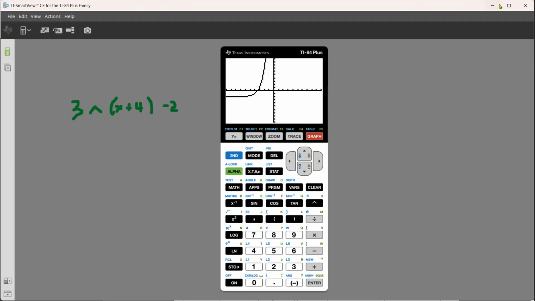I'm going to have to use x plus 4. And just a clue for you, on Desmos, you have to use parentheses if the exponent contains more than one term. So here's a picture of, let me do a new share. Let me do your Desmos screen here. This is what this graph looks like.